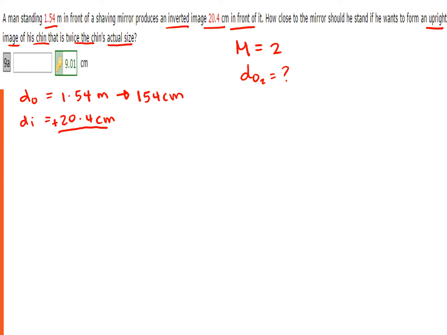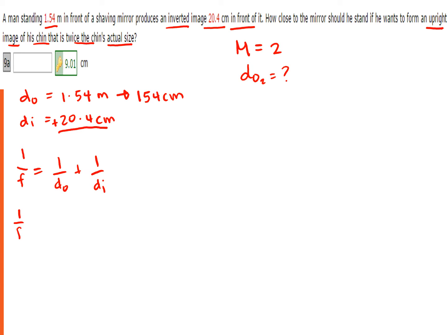Now we begin by solving for the focal length because the focal length in this case is constant. It is the same mirror and the focal length does not really get affected whether the object is close or far away from the mirror. So we have our mirror equation, which is 1 over f, or the focal length, is equal to 1 over DO plus 1 over DI. Let's substitute the values.